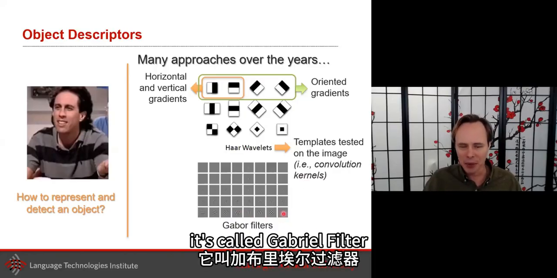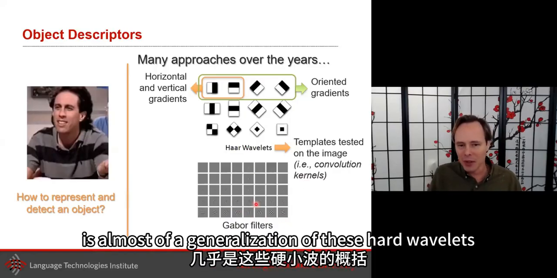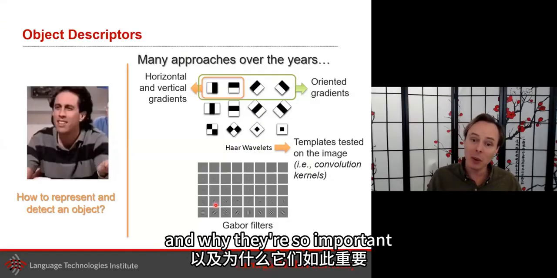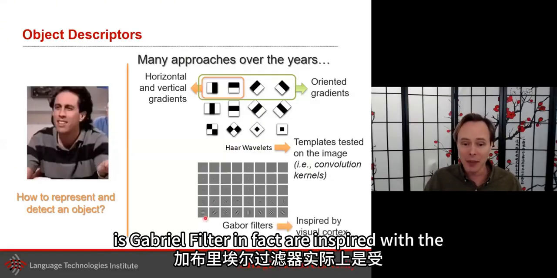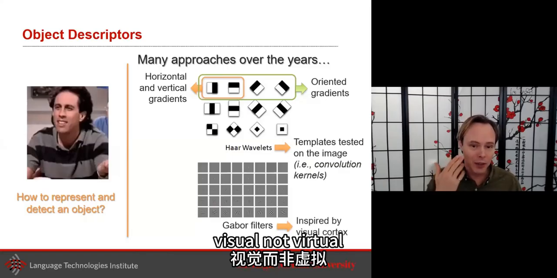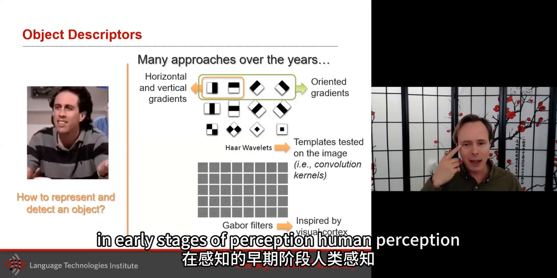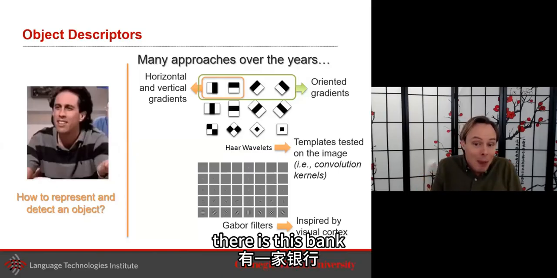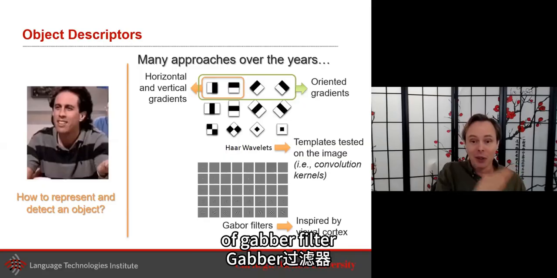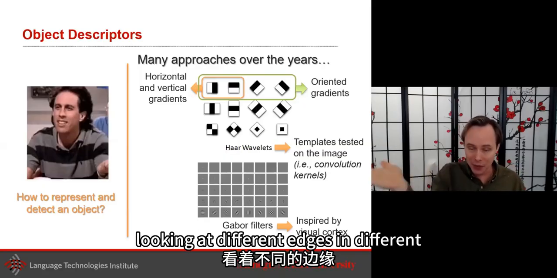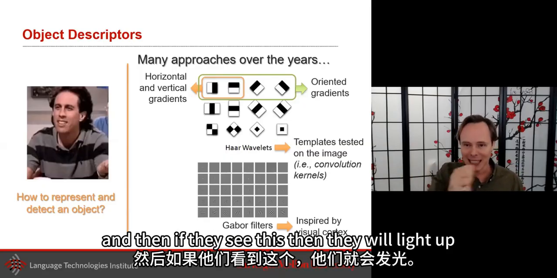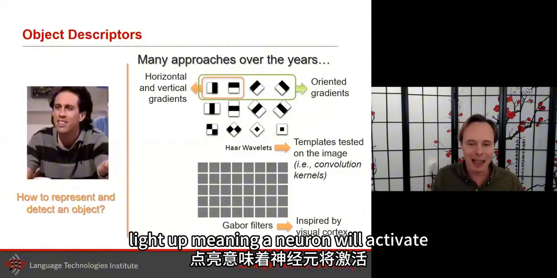It is called the Gabor filter. The Gabor filter is almost a generalization of these Haar wavelets. And why they're so important is that Gabor filters, in fact, are inspired by the visual cortex. In the early stages of human perception, there is this bank of Gabor filters looking at different edges, and if they see this, then they will light up, meaning a neuron will activate.